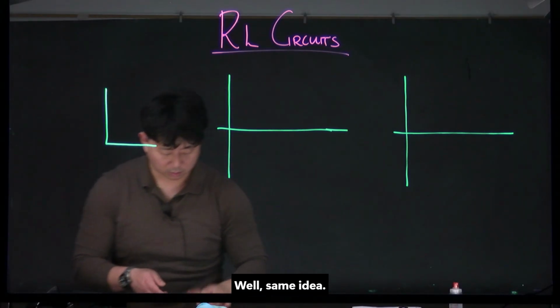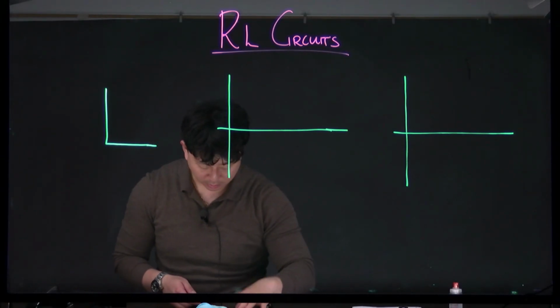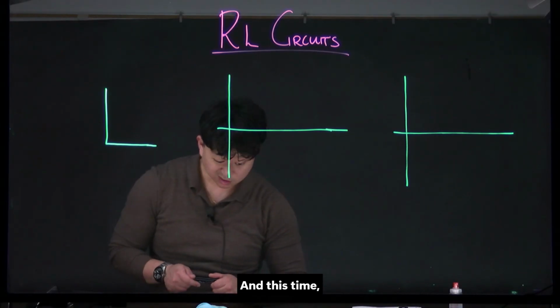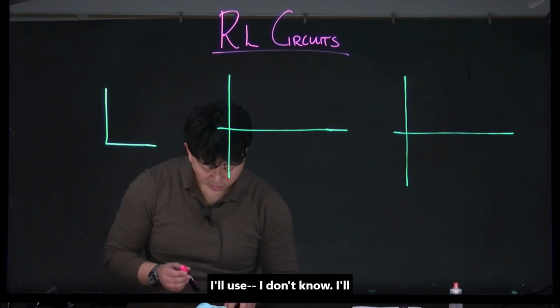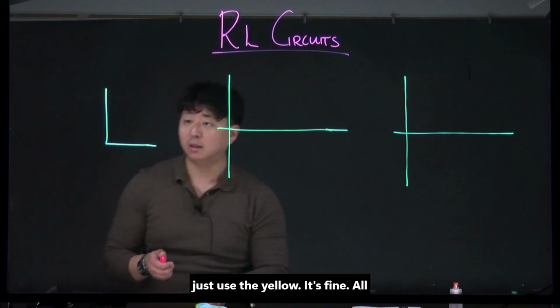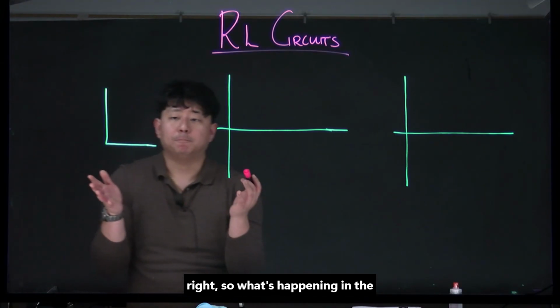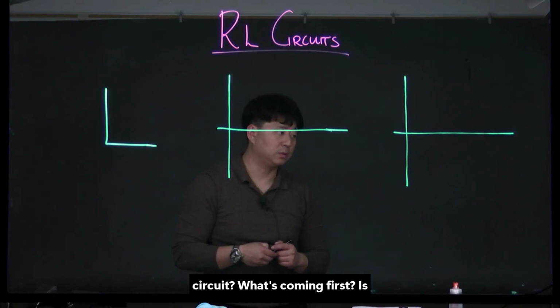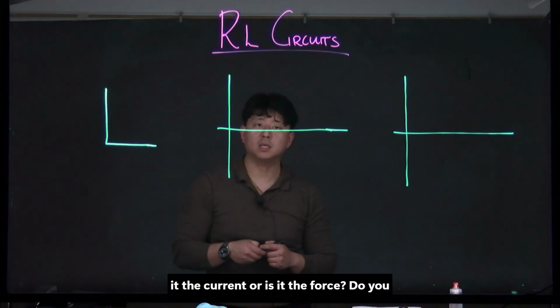Well, same idea. I'm going to use red for current, and this time I'll just use yellow. It's fine. So what's happening in the inductor when you first close the circuit? What's coming first, the current or the force?